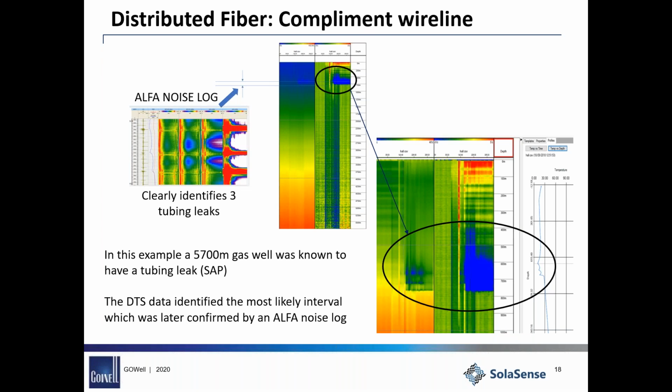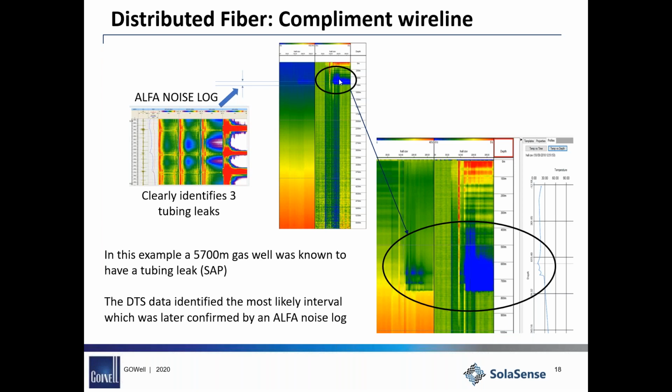It's a complement to wireline. So in this case, there is a huge amount of value to be gained in using fiber to make a survey of the entire well to allow you to then decide where you want to target a very specific wireline calibrated measurement. And in this case, we've got some activity quite shallow in the well.